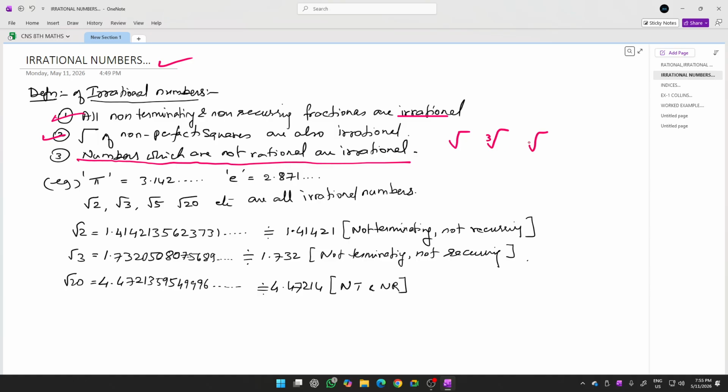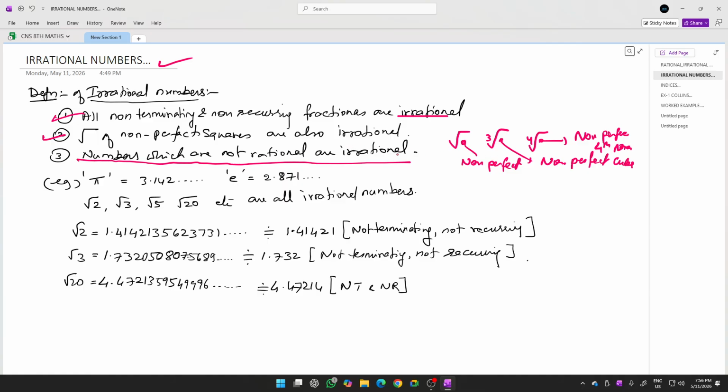Suppose you have a 3 over here, or a 4 over here, these are all known as radical signs. Now with this radical sign, if the number under it is a non-perfect square, or in the case of a cube root a non-perfect cube, or in the case of a fourth root a non-perfect fourth power, then those numbers are going to be irrational.